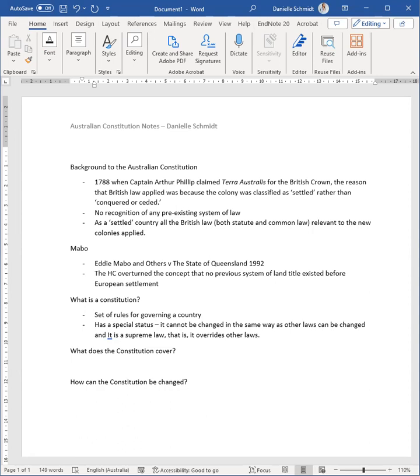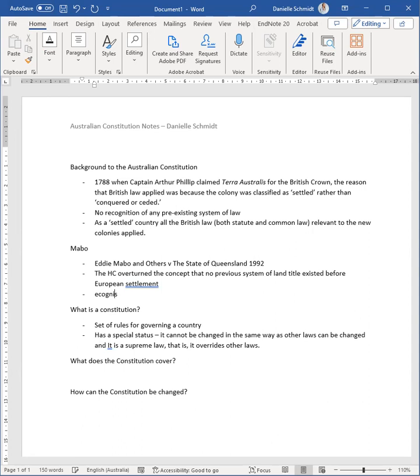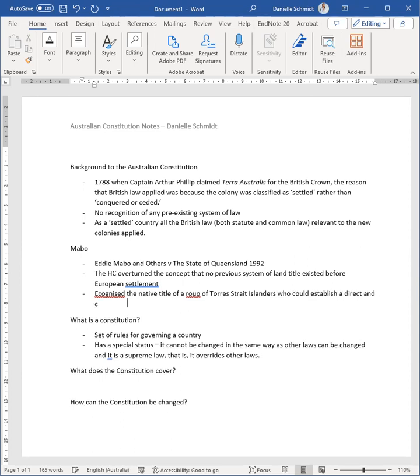So it recognised the native title of a group of Torres Strait Islanders who could establish a direct and continuous association with their land since before European settlement.